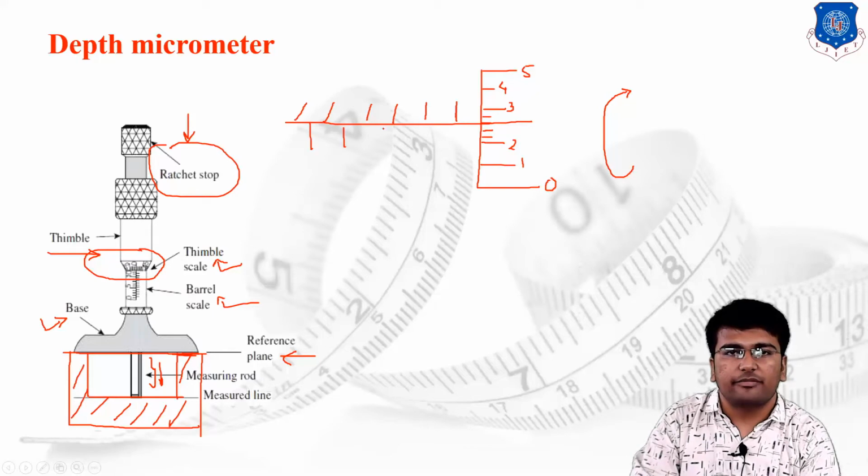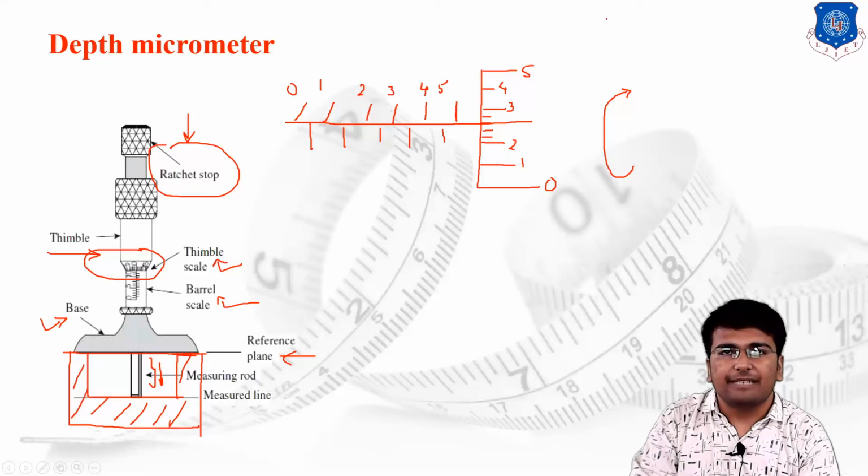This is the 0.5 divisions. If I provide numbering, start with 0, 1, 2, 3, 4, 5. So I can say that the main scale reading shows a total of 5 mm. I can check by the naked eye, this is exactly 5 mm.